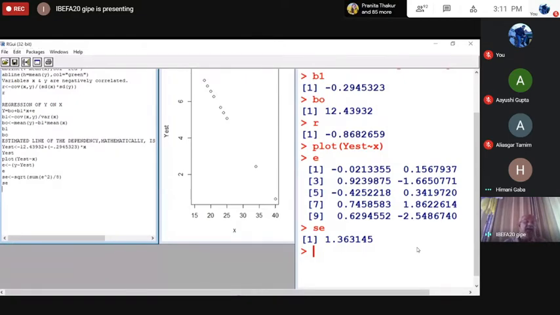I am plotting here y estimate and x, in the second graph. That is a straight line towards the right bottom. And the error of the earlier data from this graph is 1.363 on average. Any other question?